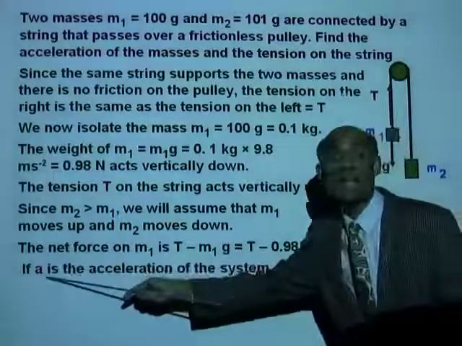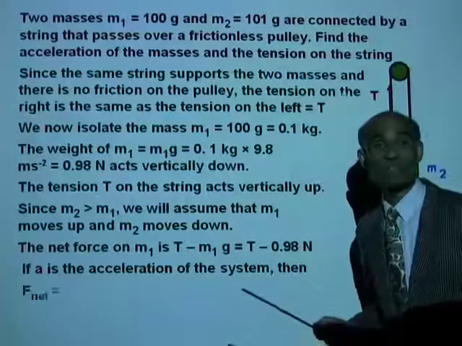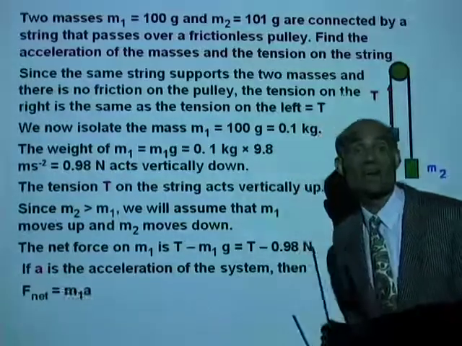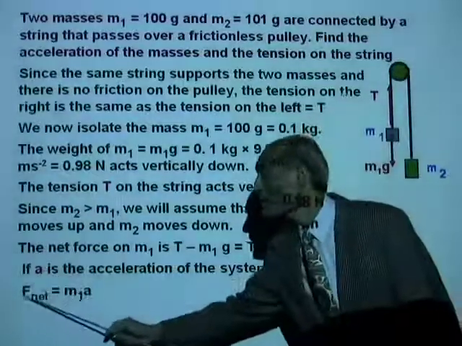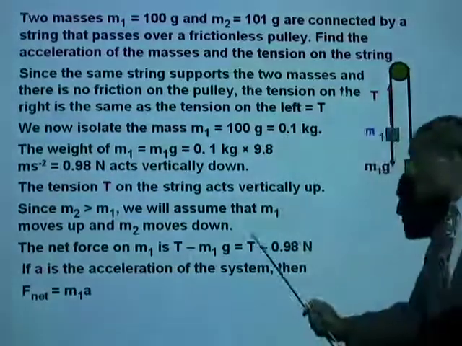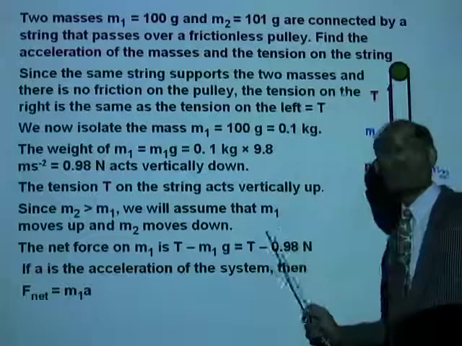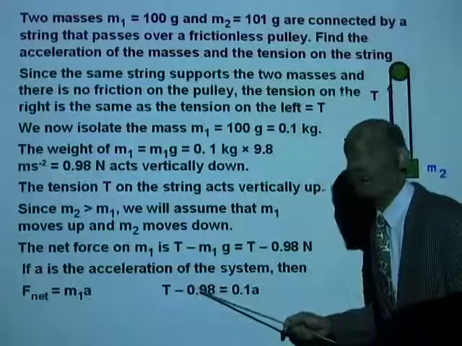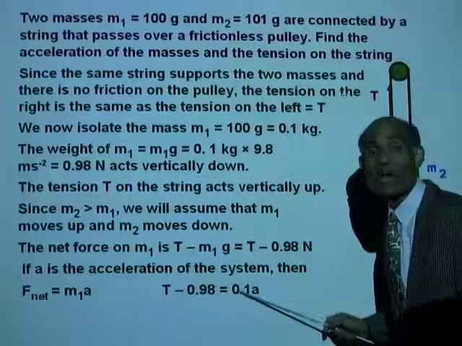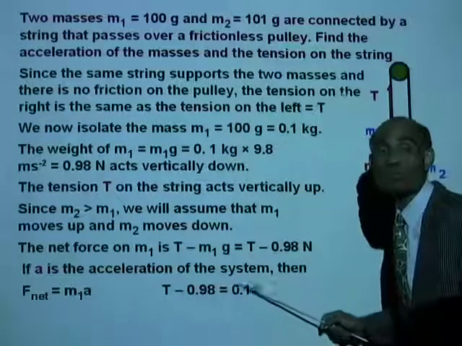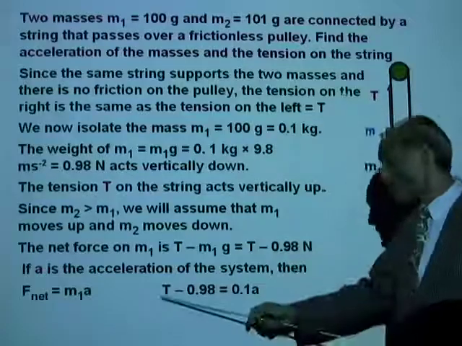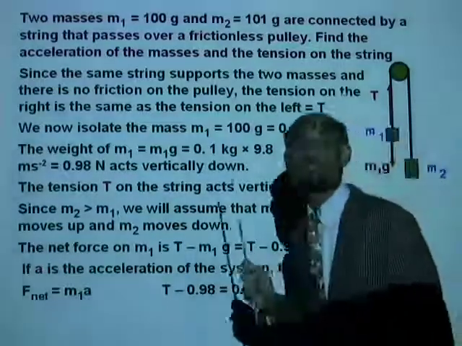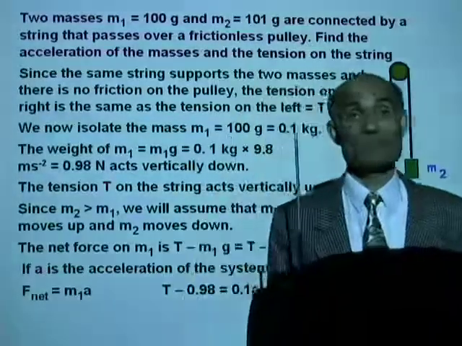And if A is the acceleration of the system, then we have F net equal to MA. What is our net force? It is T minus 0.98. And so T minus 0.98 equal to MA. M is 0.1 kilogram. So we have one equation using the motion of the mass M1.